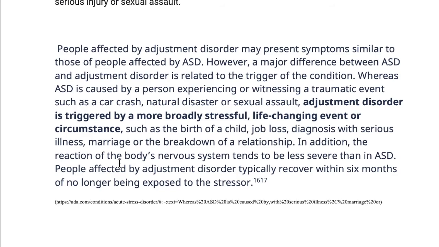In addition, the reaction of the body's nervous system tends to be less severe than in ASD. People affected by adjustment disorder typically recover within 6 months of no longer being exposed to the stressor. So again, those are the main differences.